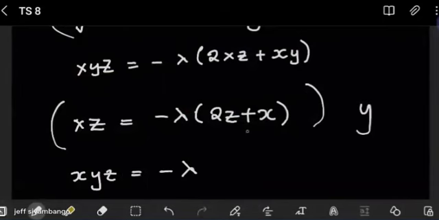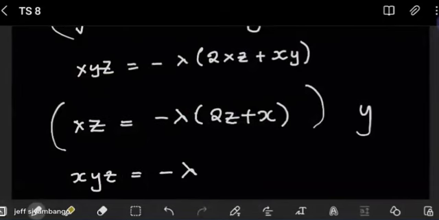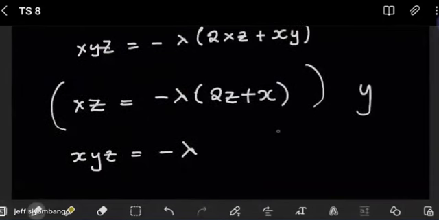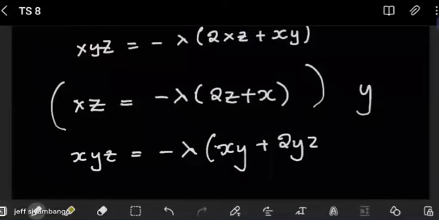Let me just rearrange. When I rearrange, this is just going to be xy, and then plus 2yz.